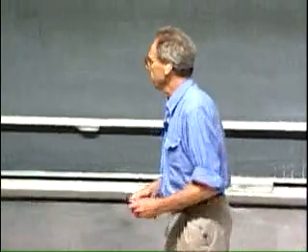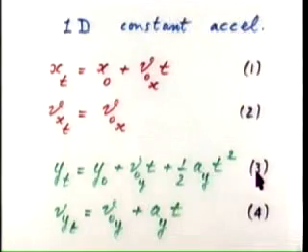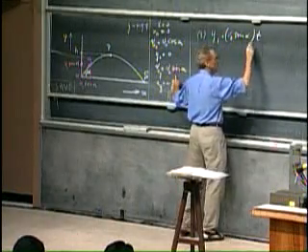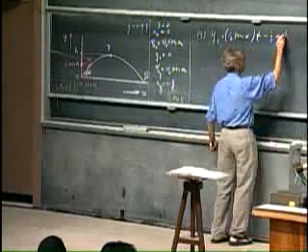I now want to ask first the question that you may never have seen answered: what is the shape of this trajectory? Well, we can go to equation number 3, and we can write down that y as a function of time equals v0y times t, so that is v0 sine alpha times t minus 1/2 g t squared.